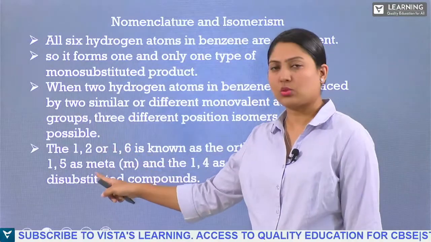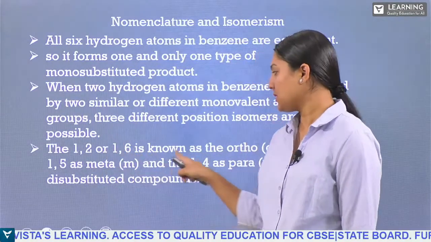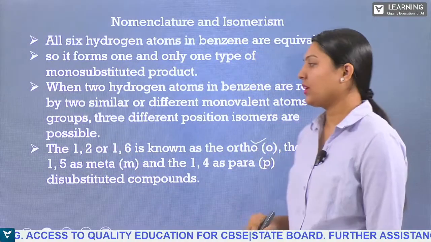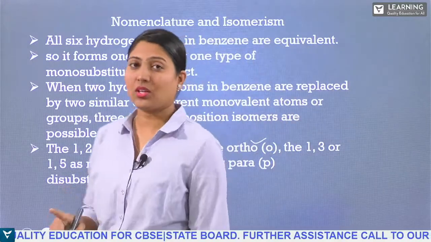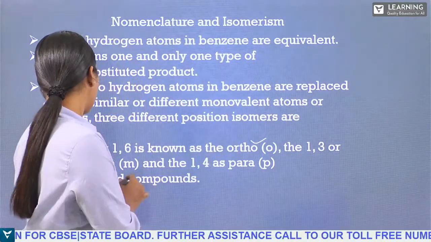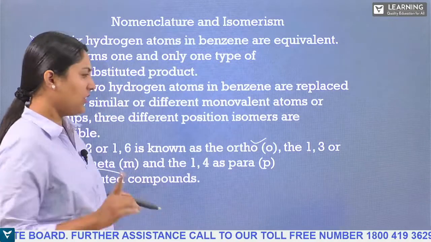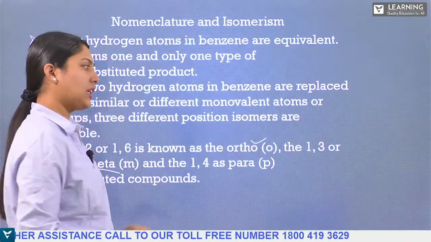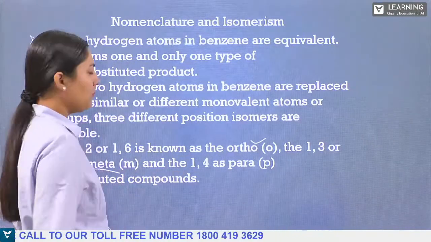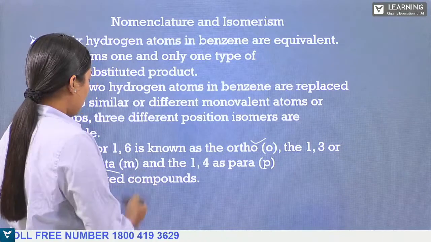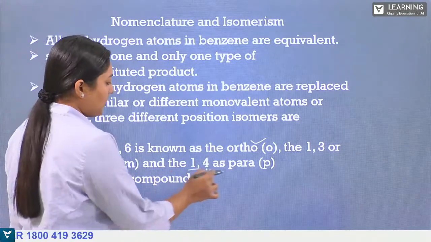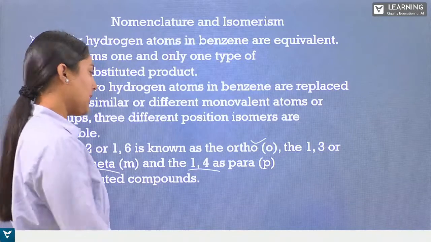So 1, 2 or 1, 6 is known as ortho. Likewise, 1, 3 or 1, 5 will be called meta. Generally, we will not take it as 1, 5, we will take it as 1, 3, and call it meta. And 1, 4 will be called para.